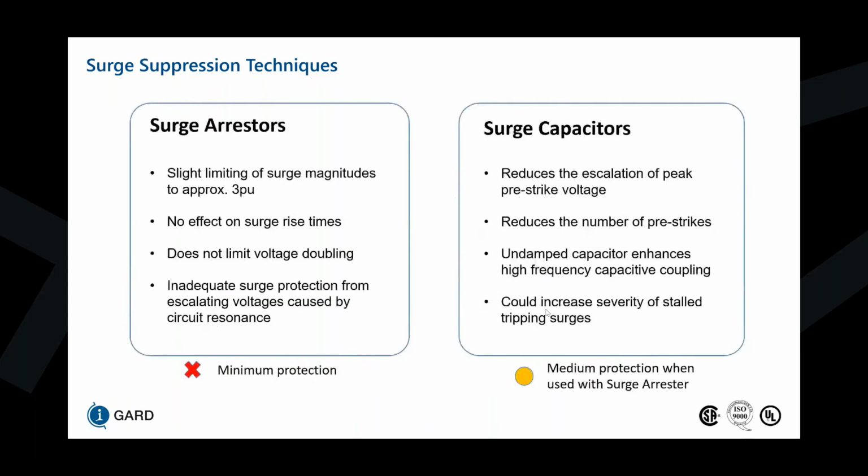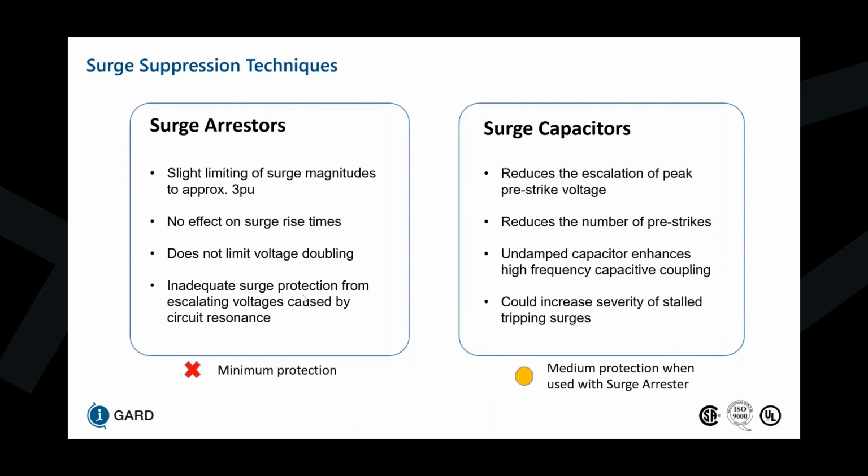So for surge arresters, their characteristics are they have slight limiting of surge magnitudes, so approximately 3 pu, no effect on surge rise times. It does not limit voltage doubling, and it's inadequate surge protection from escalating voltages caused by circuit resonance.